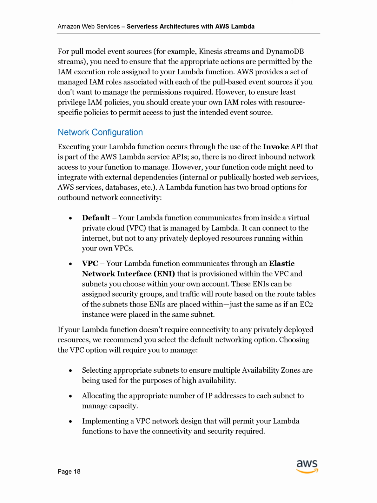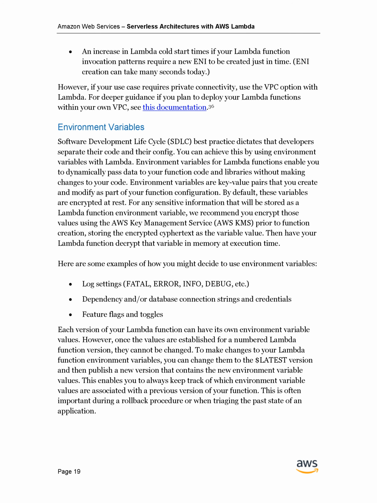Choosing the VPC option will require you to manage selecting appropriate subnets to ensure multiple availability zones are being used for the purposes of high availability, allocating the appropriate number of IP addresses to each subnet to manage capacity, implementing a VPC network design that will permit your Lambda functions to have the connectivity and security required, and an increase in Lambda cold start times if your Lambda function invocation patterns require a new ENI to be created just in time.